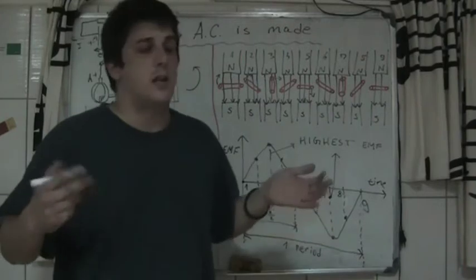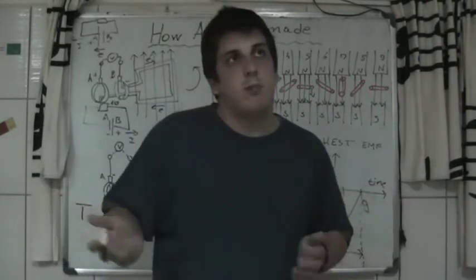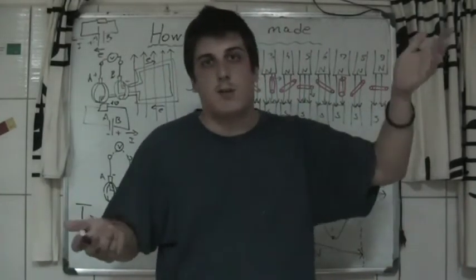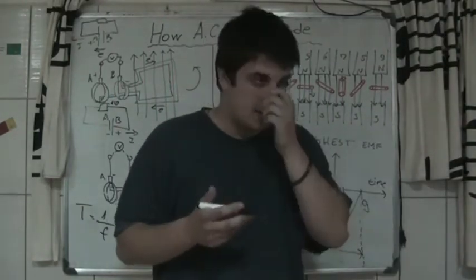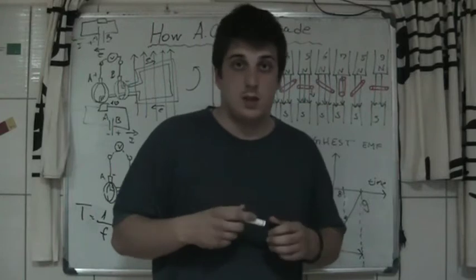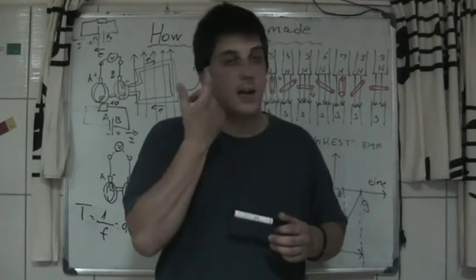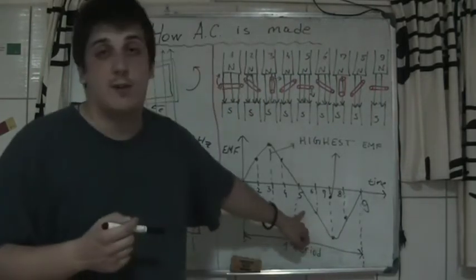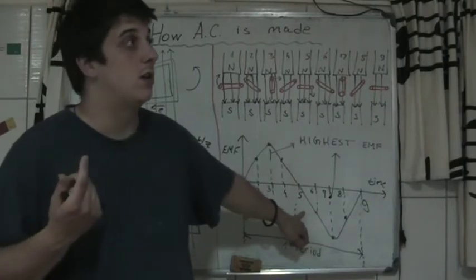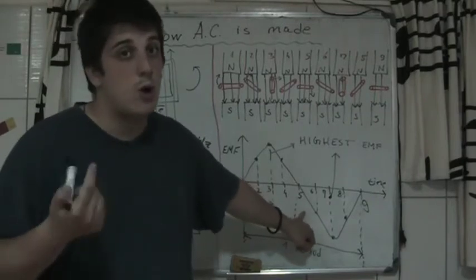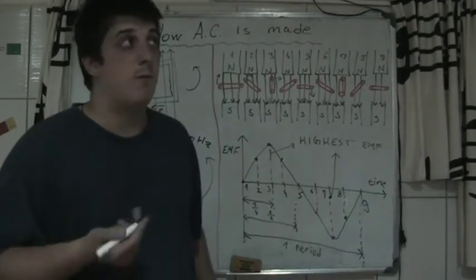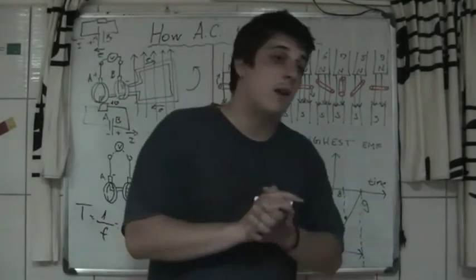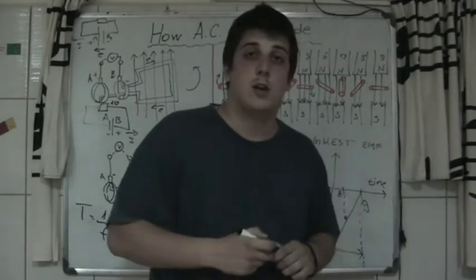But in practice that's not the case, because you always see your light bulbs glow. Your eye cannot register this high frequency. Your eye can register 25 Hertz, so 50 Hertz and 60 Hertz are big values in electrical engineering.